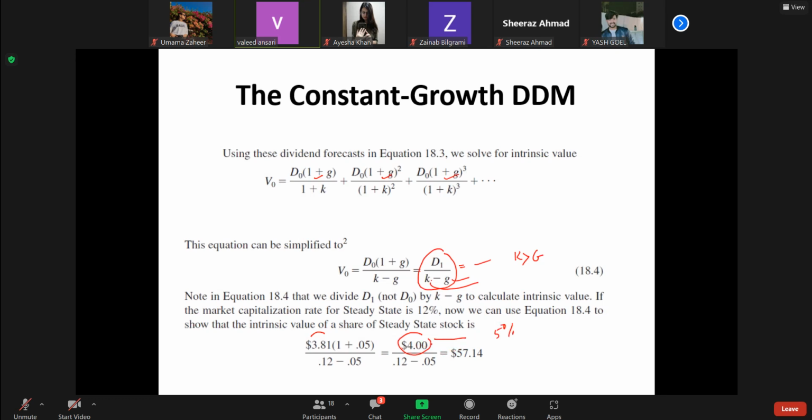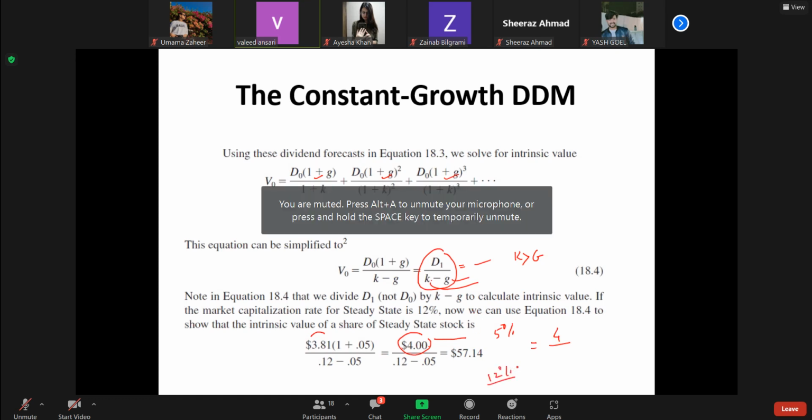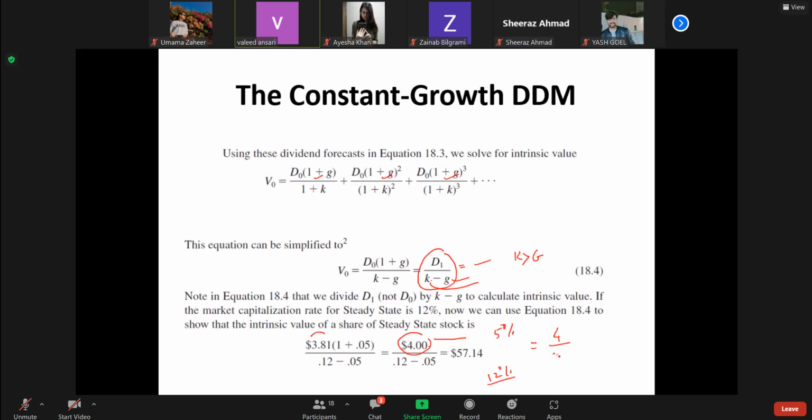In order to calculate the price of a stock, we just write down 4, and the required rate is 12%. The discounting factor is also called the market capitalization factor. So in this formula, we write it in decimal, 0.12 and 0.05. If you do that, you will get a price of 57 rupees 40.